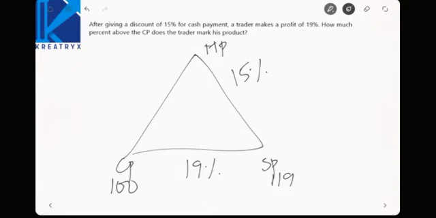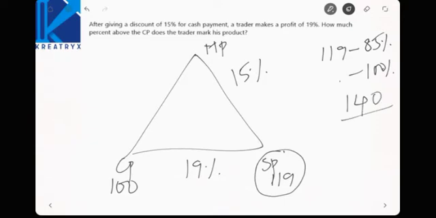If selling price is 119, upon giving discount, selling price will come. So 119 will be equal to how much? 85%. Now 100% is the marked price because discount is given on marked price. Now calculate this. 119 divided by 85 is equal to 1.4, into 100 will lead you to 140.